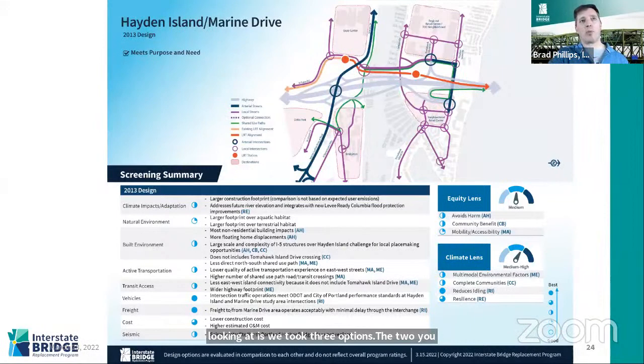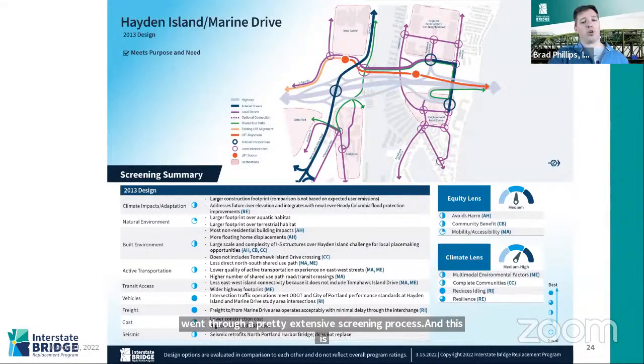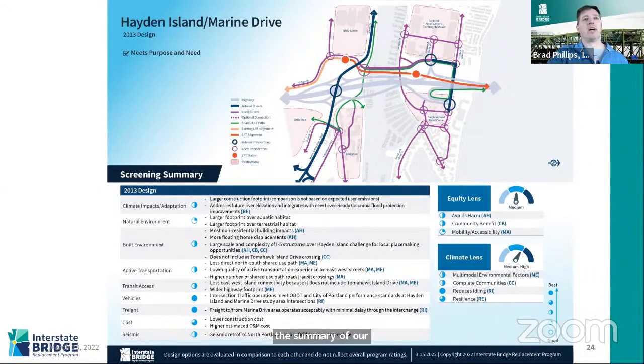And this is the summary of our screening. We've looked at close to 100 different elements, figured out trade-offs and benefits of each of them, compared them together, and tried to think of how they fared together and did a rating system.